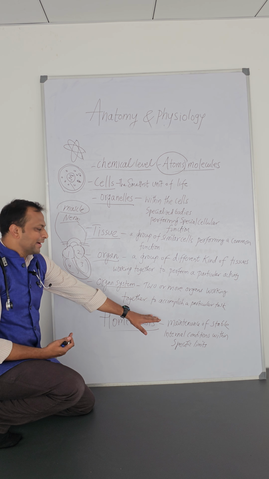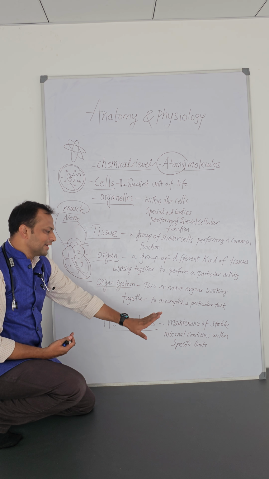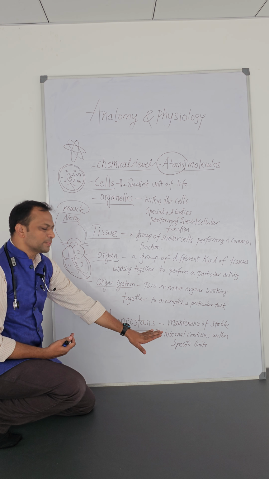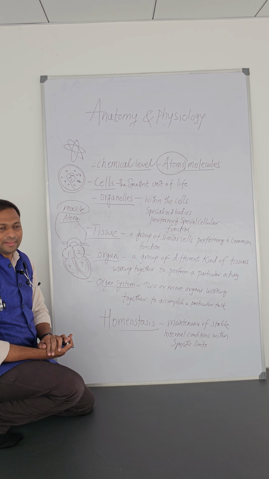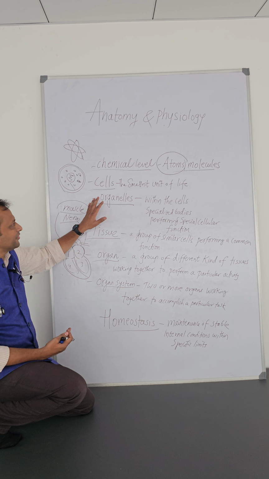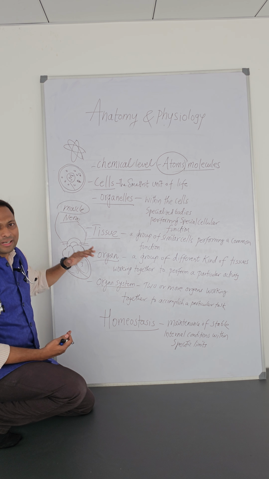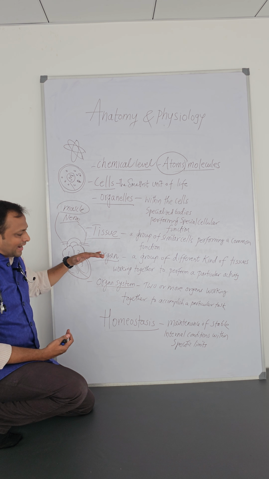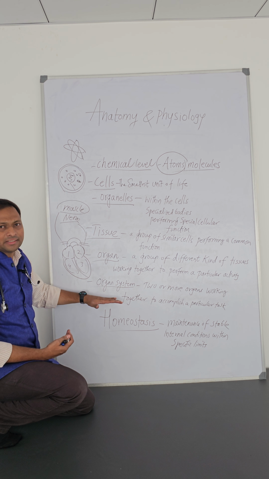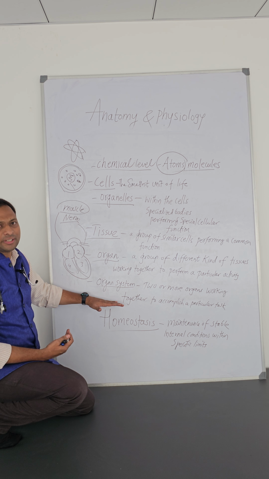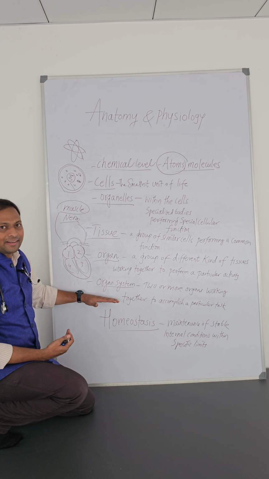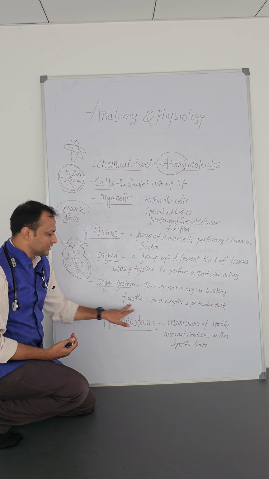Similarly, the maintenance of stable internal conditions within a specific limit is a characteristic of each and every cell. Inside the human body, each cell has its own limits of functioning and it will maintain an equanimous or equilibrium status all the time. That characteristic is called homeostasis.